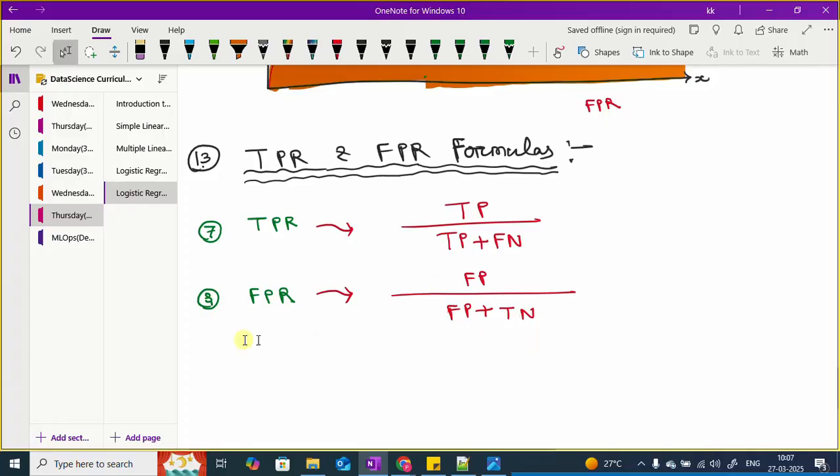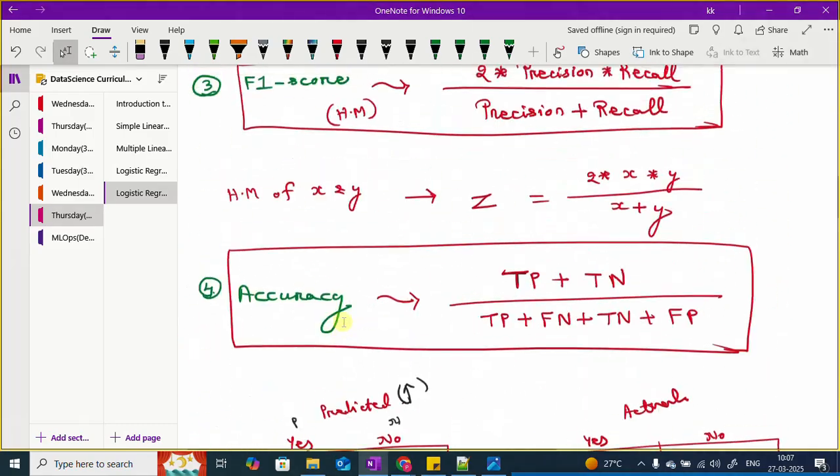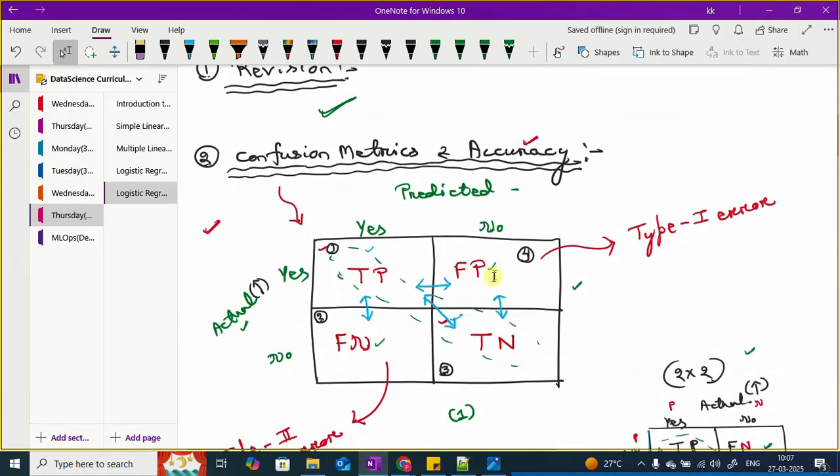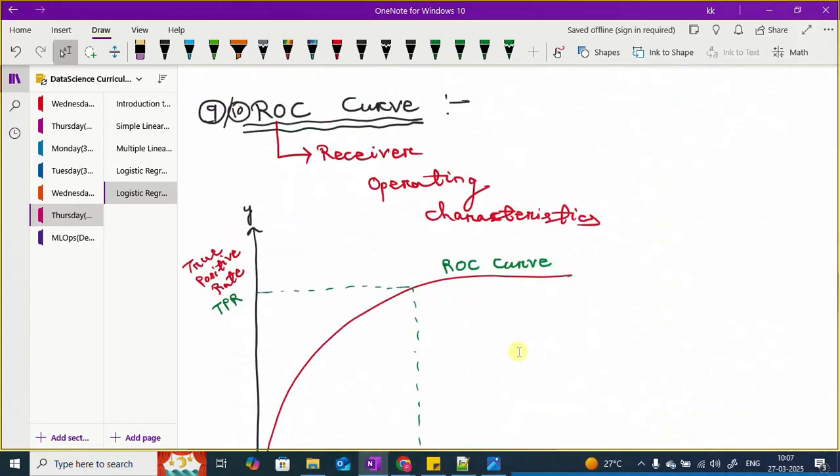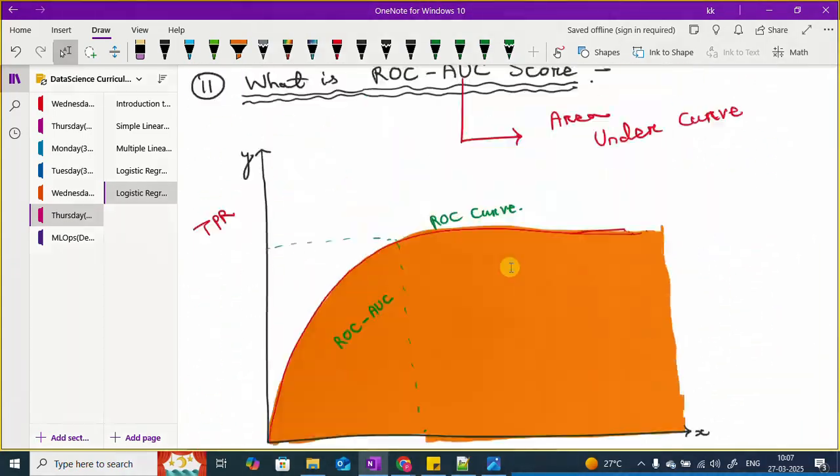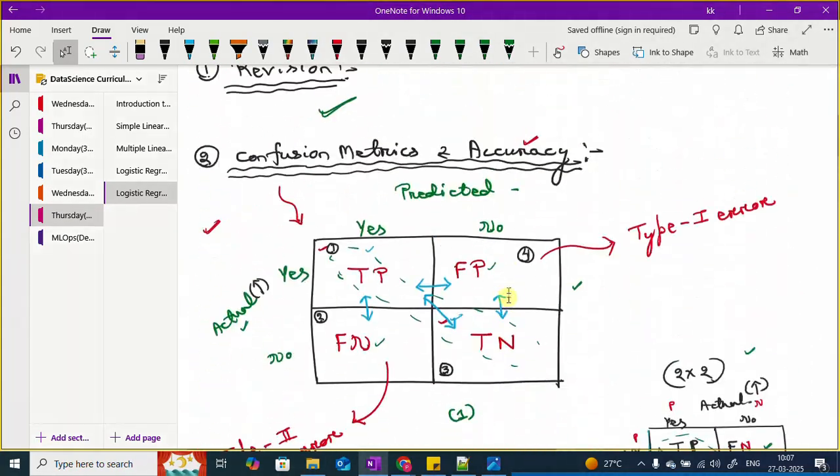Let's try to see, first, the FPR. False positive divided by false positive plus true negative. Let me go back. So false positive divided by false positive plus TN, true negative. Means this one.